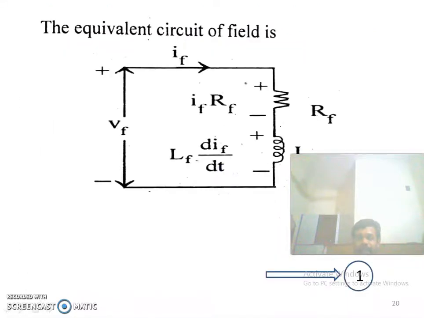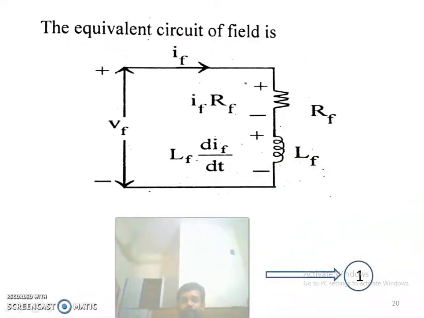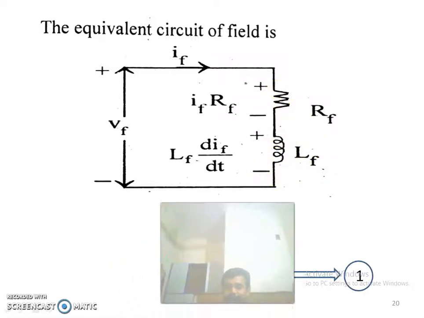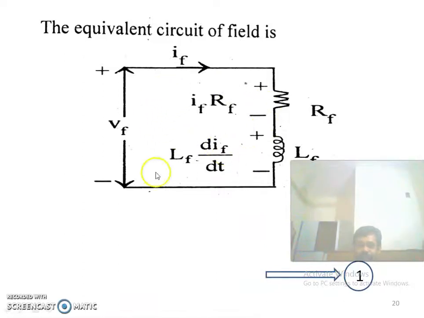The equivalent circuit of the field. So, this is the equivalent circuit of field. This is the resistance of field and this is the inductance of field. While applying Kirchhoff's voltage law to the circuit, we are considering positive to negative as positive.